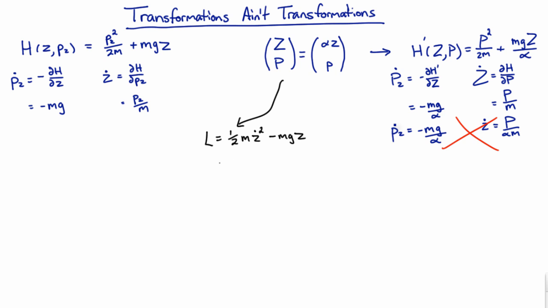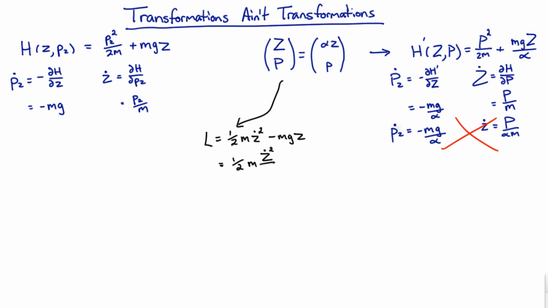If we make this transformation, then we get that factor of alpha in the kinetic energy. And then, and this is the critical bit, this Lagrangian is what defines our capital P momentum. So our capital P momentum, remember, is defined as the derivative of the Lagrangian with respect to Z dot, which is just m capital Z dot on alpha squared.